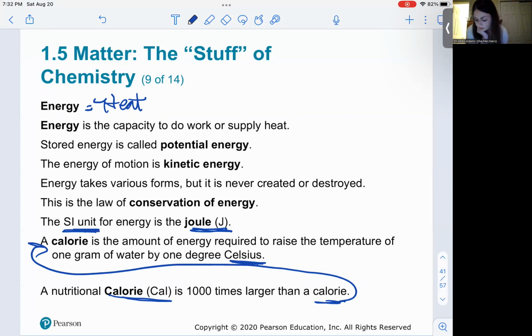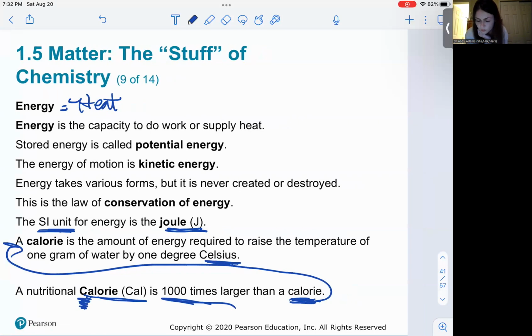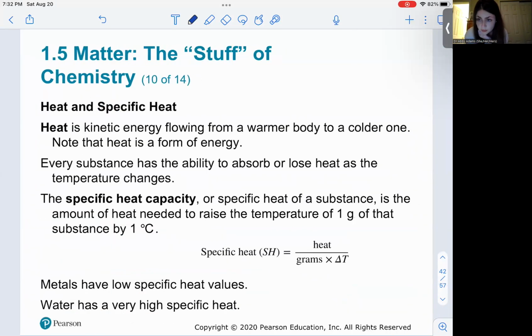So that's not Kelvin. All right, so just remember that the calorie that you're used to on your package is Calorie with the capital C, and that's 1,000 times larger than calorie with a little c. Okay, that's easy to remember. All right, big C, bigger, 1,000 times larger. You're going to have some problems to work with that.